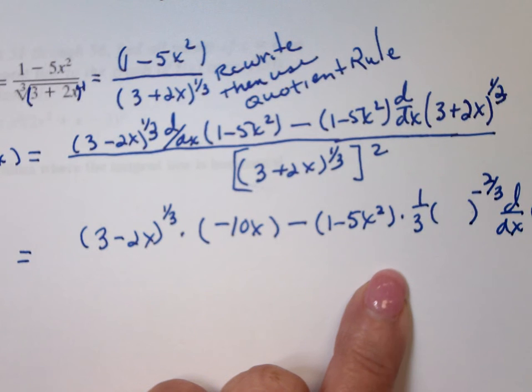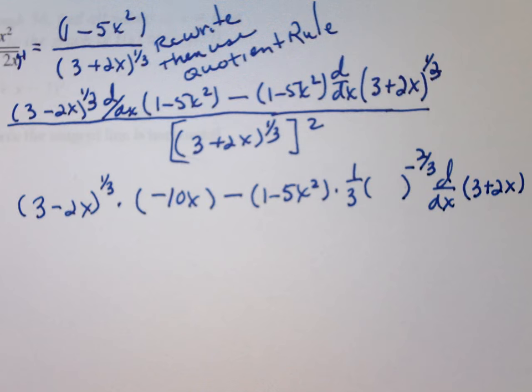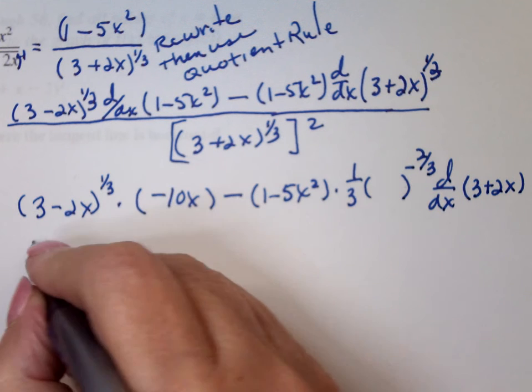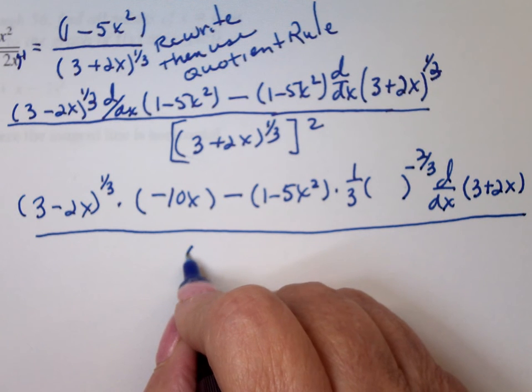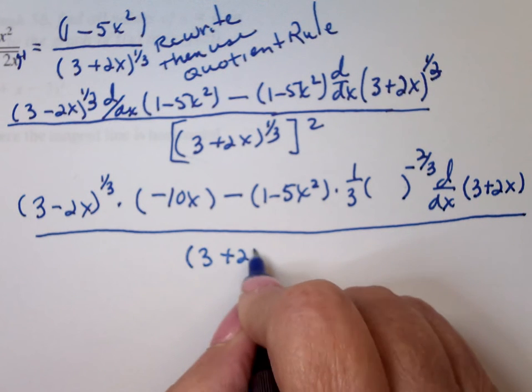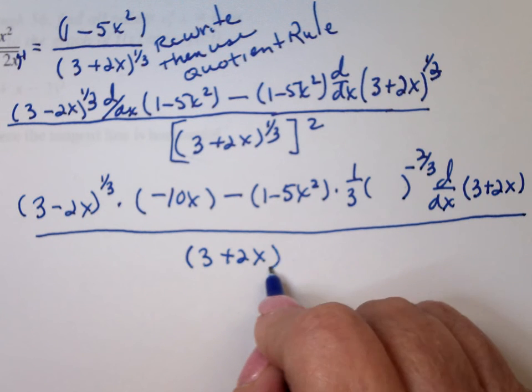Now, how much of this kind of notation that you put in is up to you. All over the denominator, 1/3 times 2 is going to be 2/3.